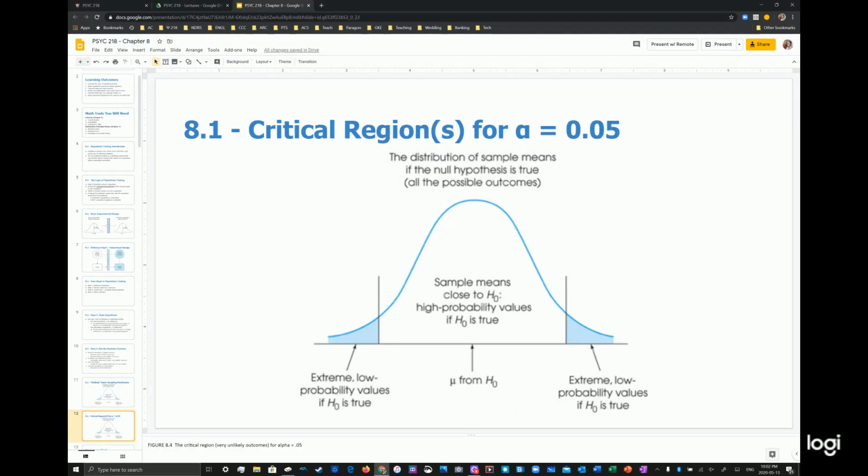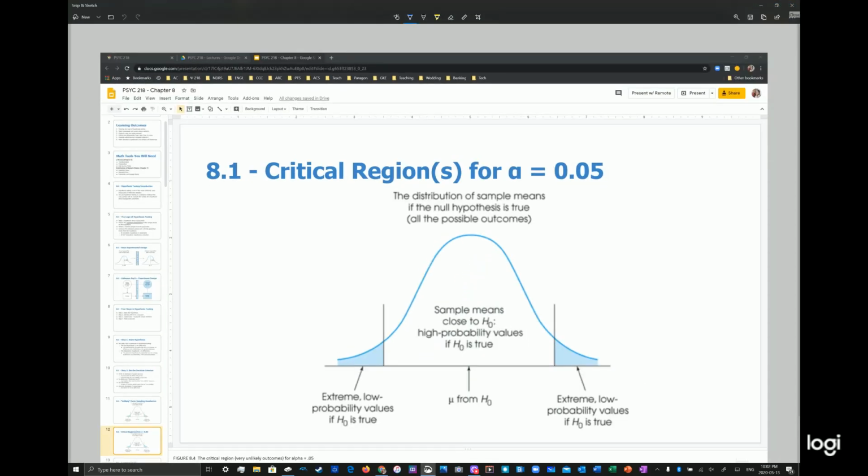So, for example, this alpha here, this Greek letter alpha, is going to be our probability of a type 1 error.